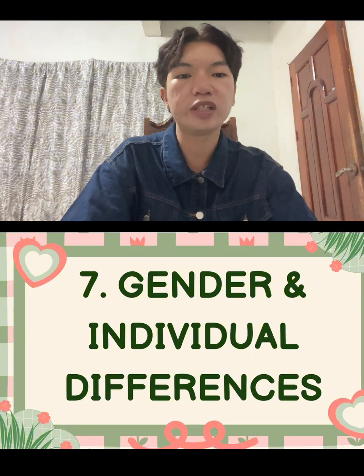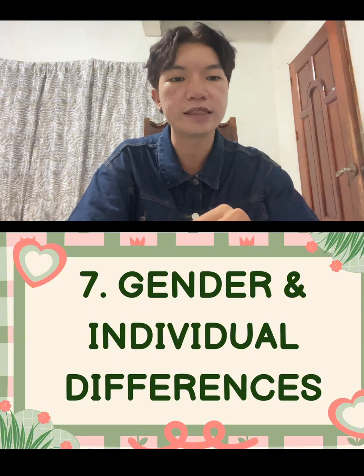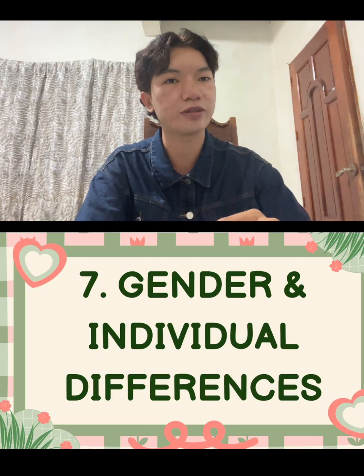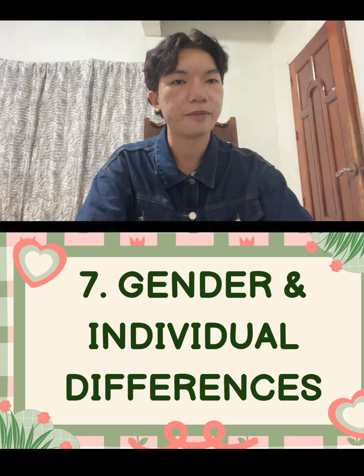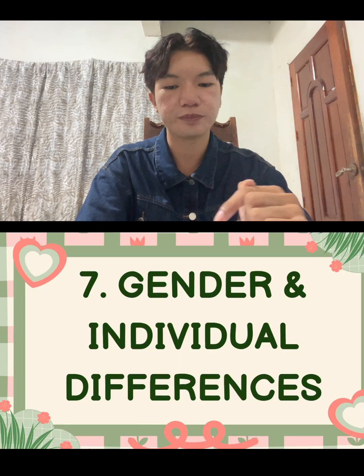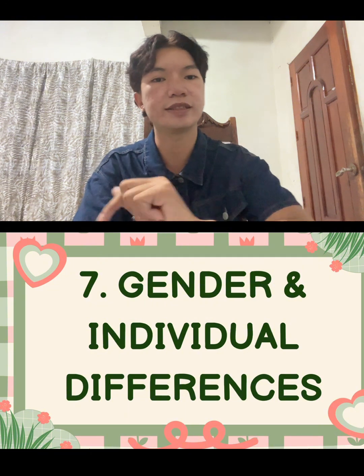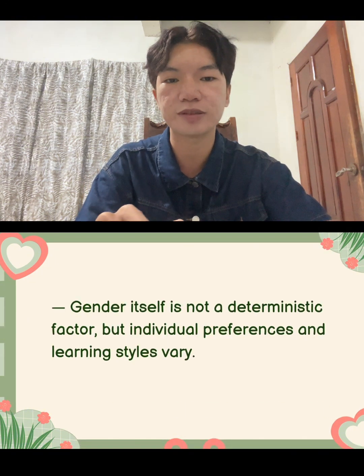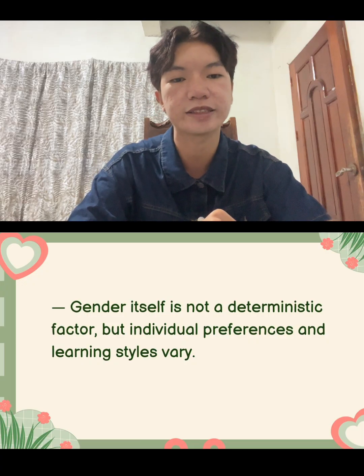So next up we have gender and individual differences. Gender and individual differences also have something to do with listening comprehension. Why is it? Gender itself is not a deterministic factor, but individual preferences and learning styles vary.